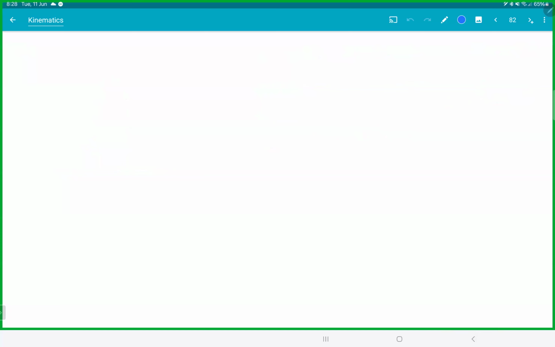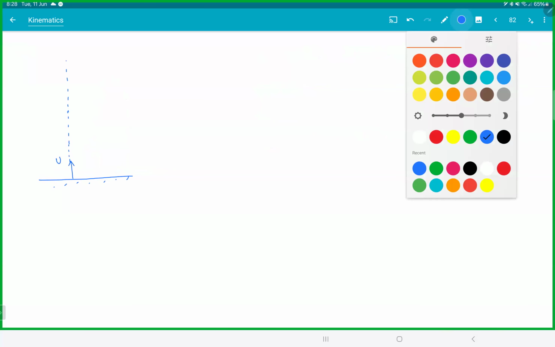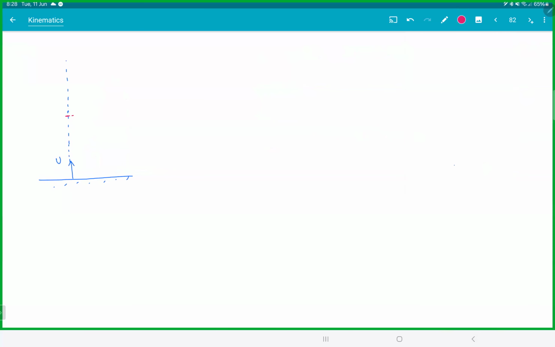See, let me tell you one thing. Suppose when you project it up, let's say this situation S5 equals S6 occurs while going up. Think of it like this: this is t equals 4, this is t equals 5, and this is t equals 6. So this distance would be the 5th second and this distance would be the 6th second.